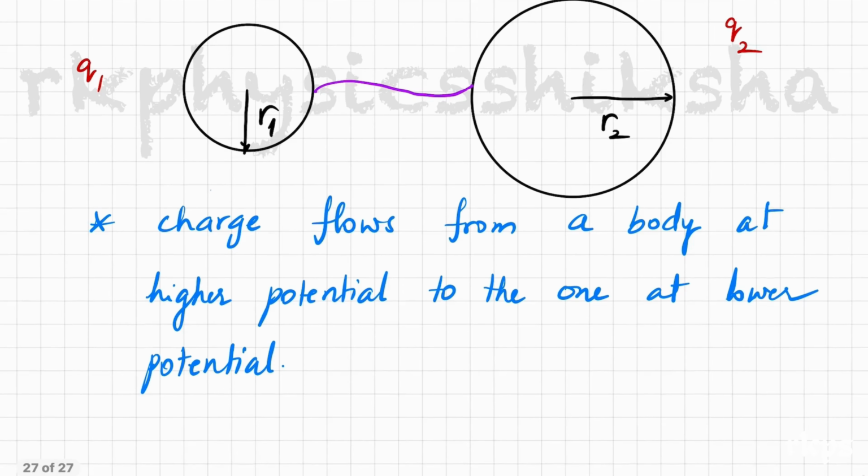So once we connect these two charged bodies, the charge will flow from the body at higher potential to the body at lower potential.